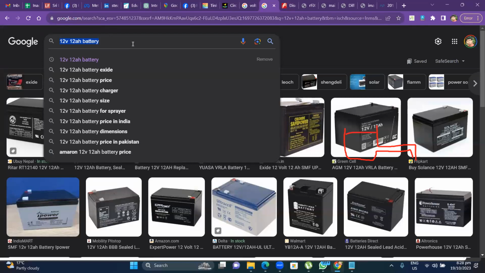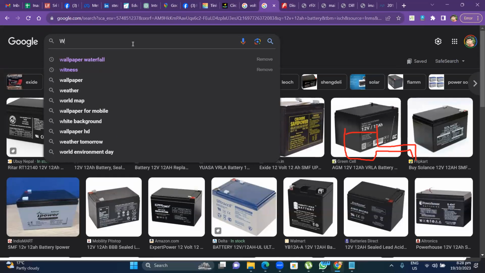You are telling about W, right? W is what? V is what? V is volt. See whether V is there.